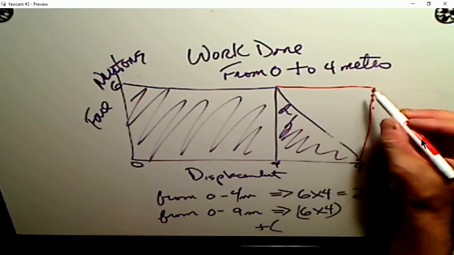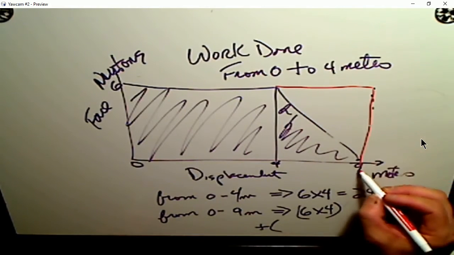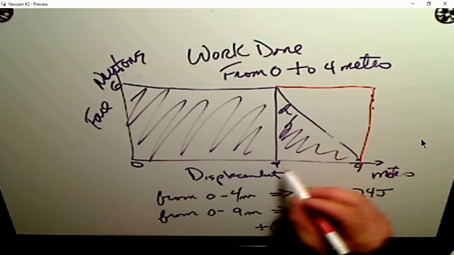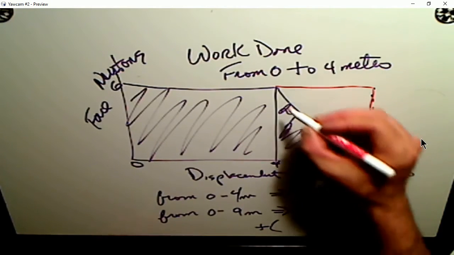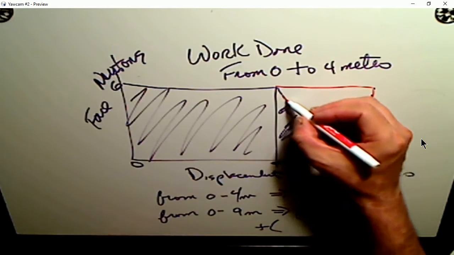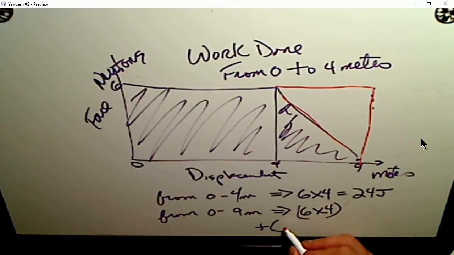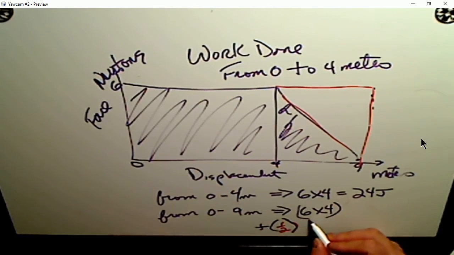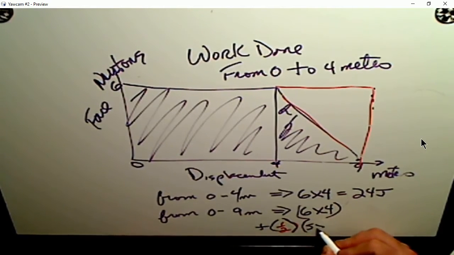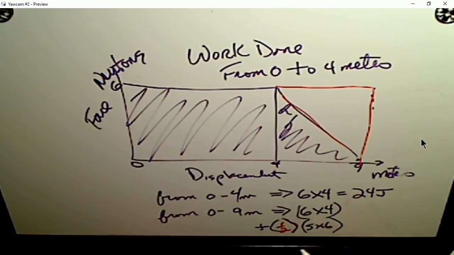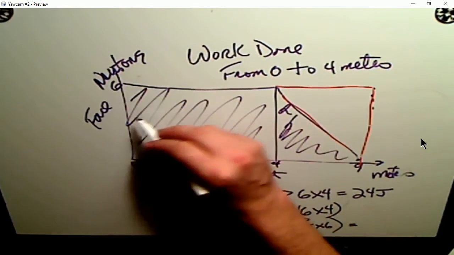This is a 6 by 5 block. And this triangle then is half of that. So it's 1/2 times 5 by 6, and I add that to this original portion.